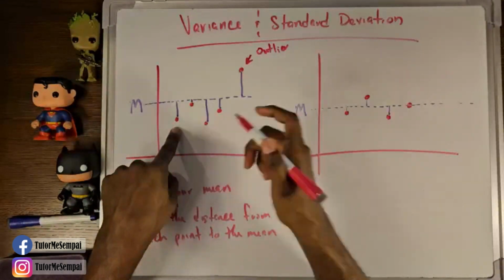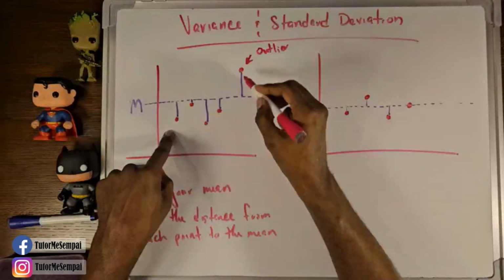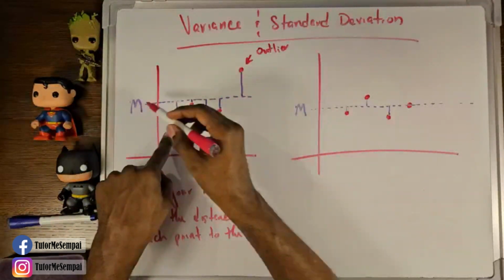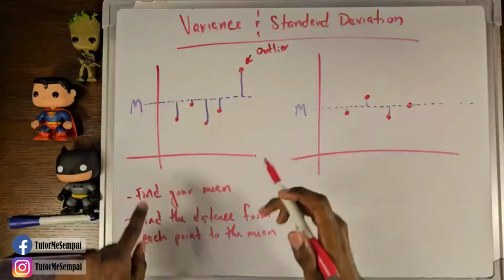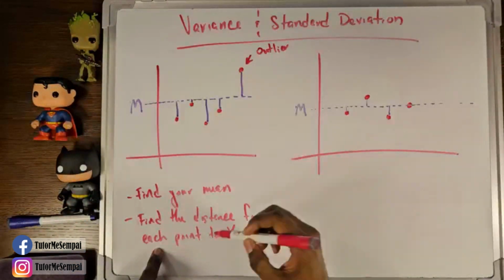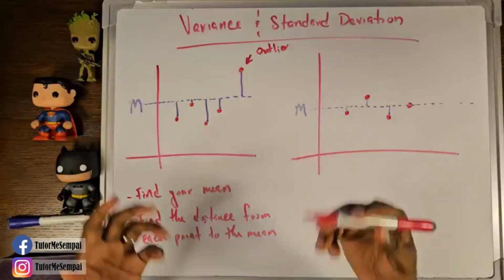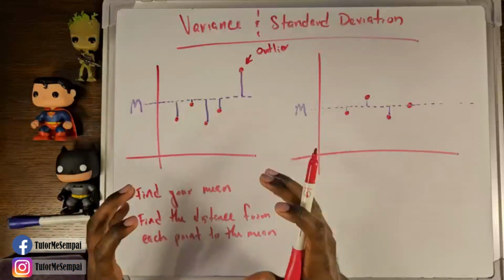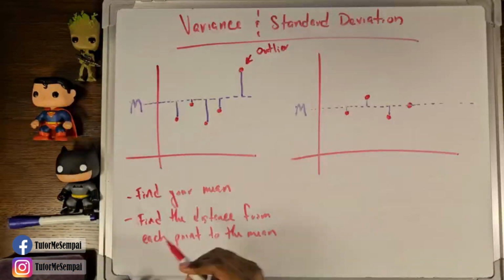That's what we did here. Each of these data points, this purple line connecting them to this dashed line, our mean line, is going to be finding the distance from each point to the mean. After you do that, you're going to want to square that distance and then average those out.